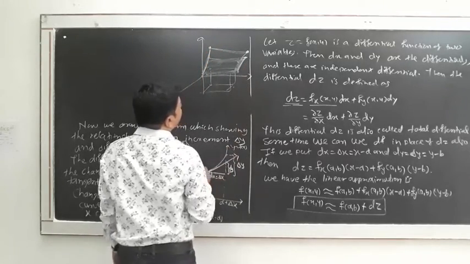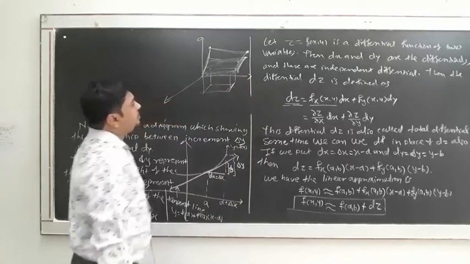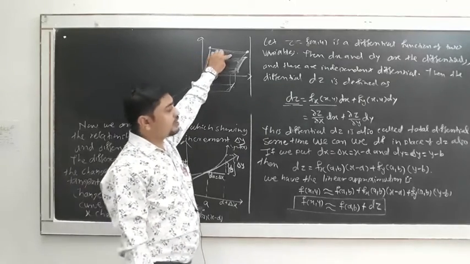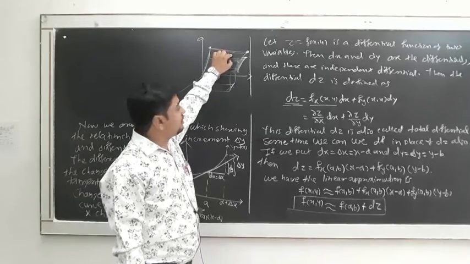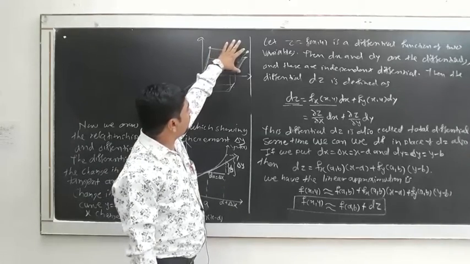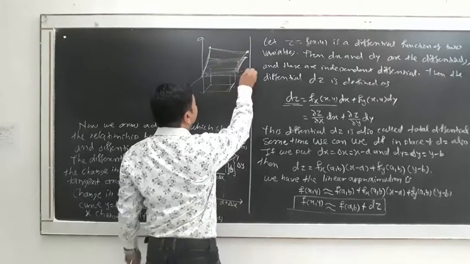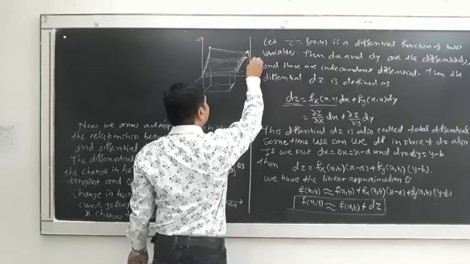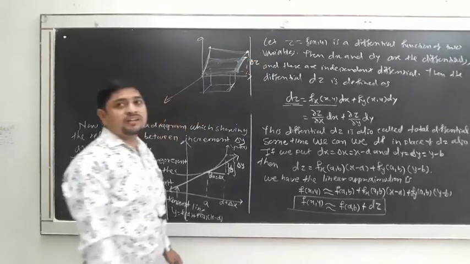This distance is our delta z. What does it represent?